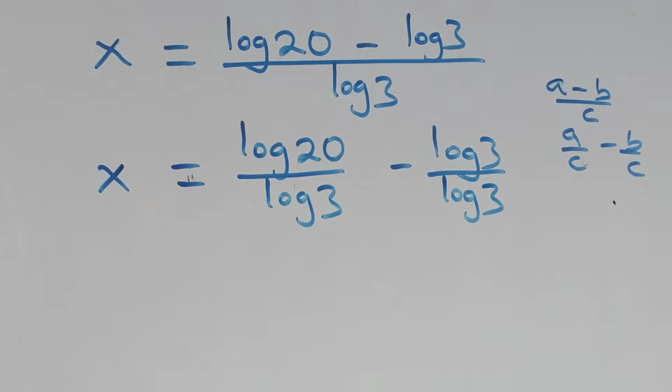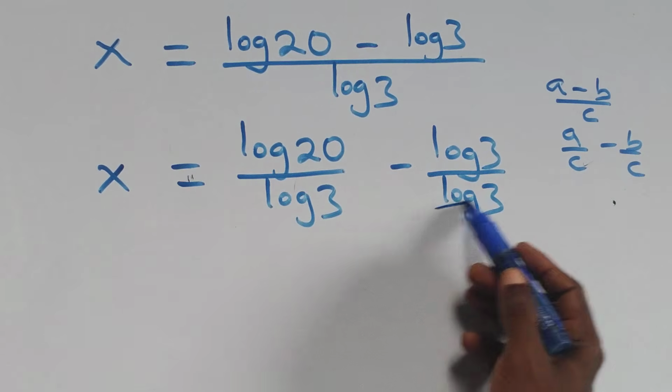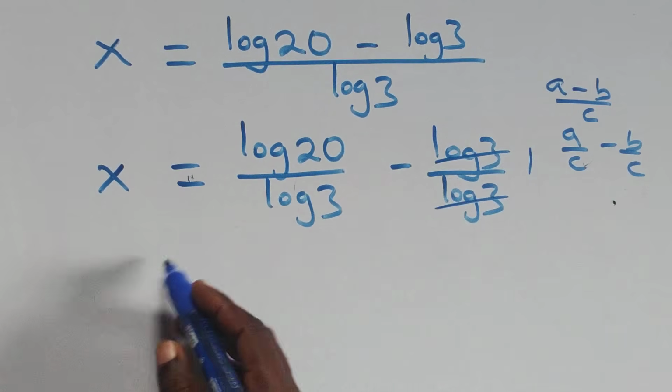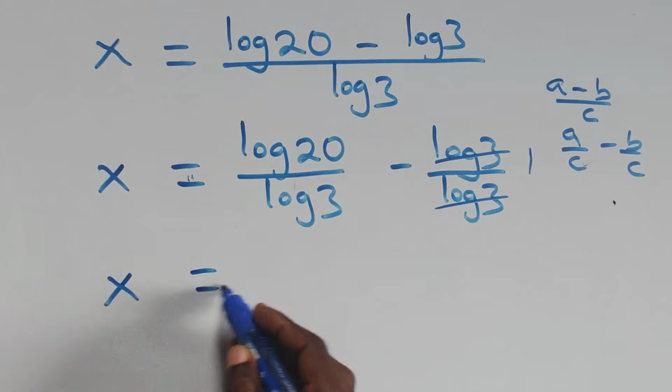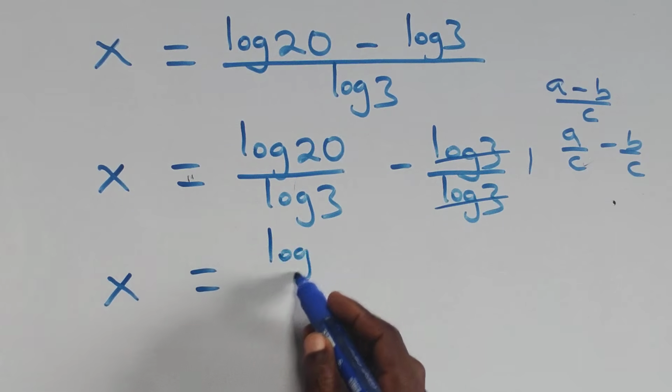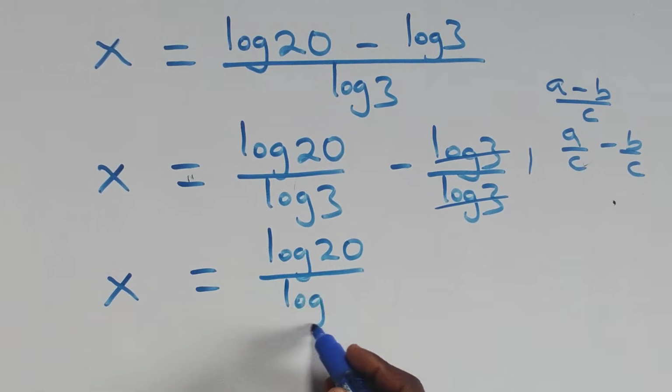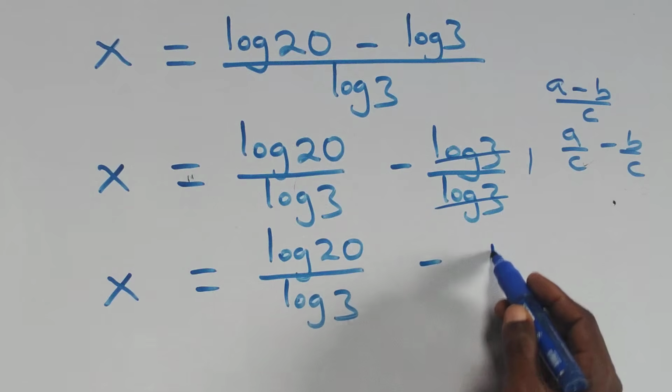So here we have this cancel each other. Log 3 and log 3 cancel out. We have 1 left here. Now this x equals to log 20 over log 3 minus 1.